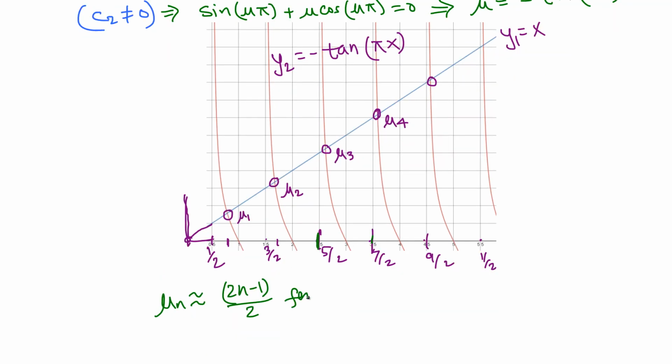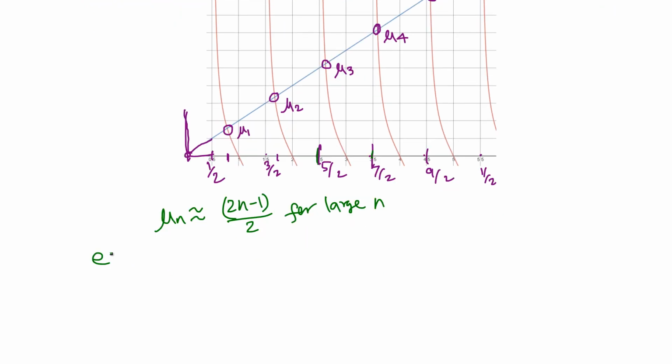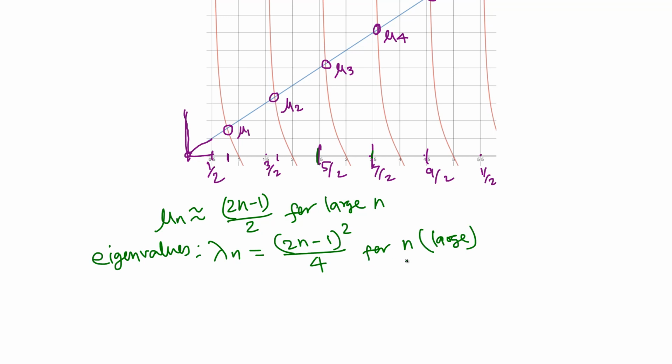This is for large n. So now we can find the eigenvalues: λn, in fact we found all of them, that's μ squared, so λn ≈ (2n-1)²/4 for large n.